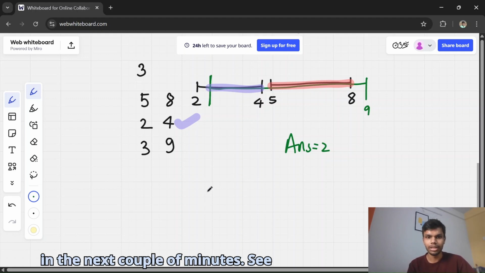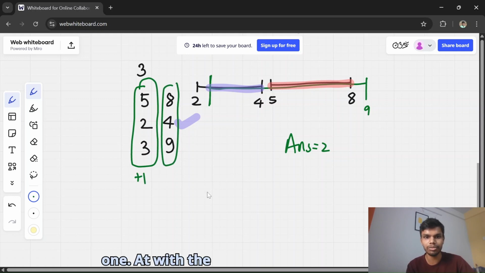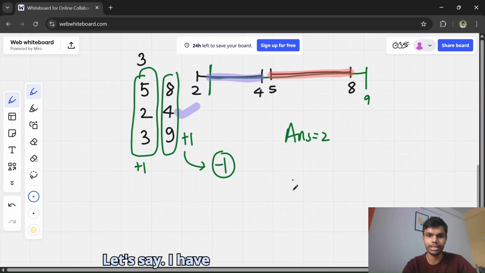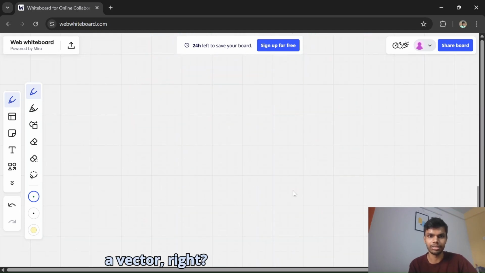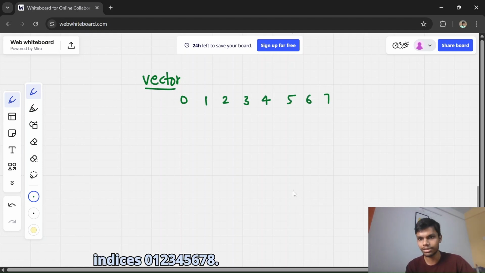If I mark all the starting time indices with +1 and the ending time plus 1 with -1. Let's say I have a vector, and the vector has all the indices 0 1 2 3 4 5 6 7 8.